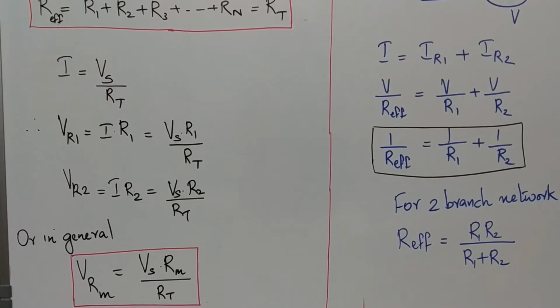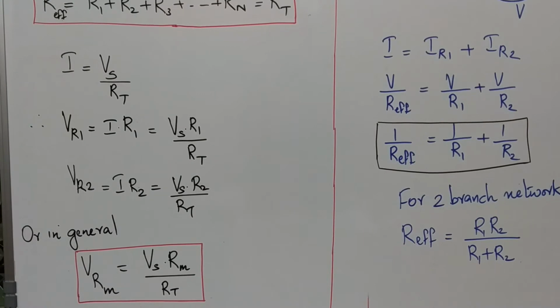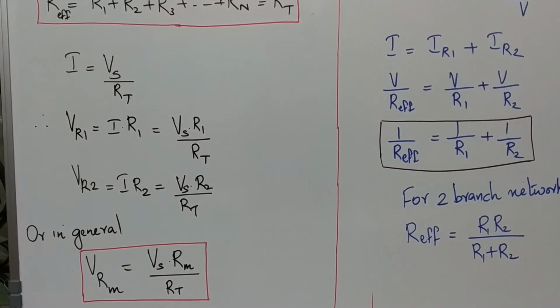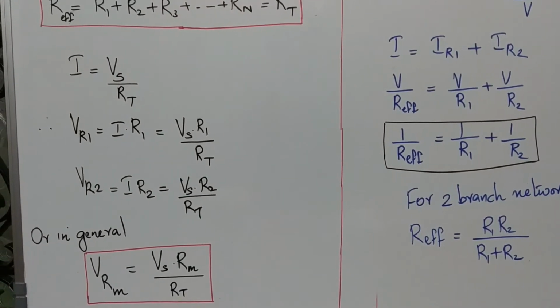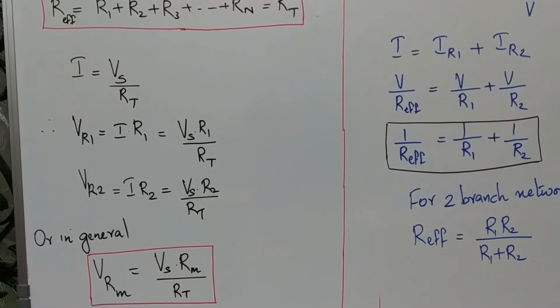So in general, we can say voltage drop across any arbitrary resistance VRm equal to total voltage into that particular resistance by total resistance. This is a very important equation which you will be using throughout in the subject. So please learn it clearly.